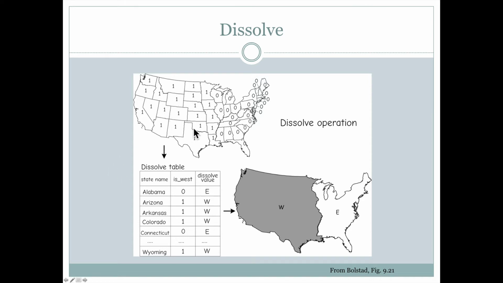So we can see we have all of these polygons here in the western US labeled with a 1 from the attribute table, from this attribute is west, and we could dissolve that, which would basically mean that if two polygons that have is west equal to 1 as their value, that line in between them would just be taken away. And we can see that after the dissolve command, now we have a brand new layer out.